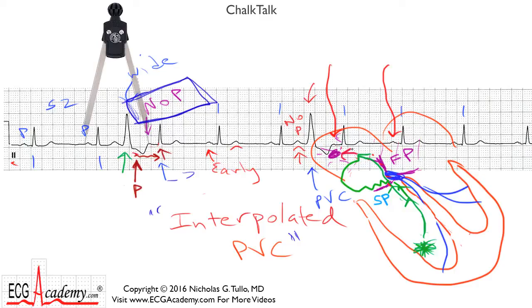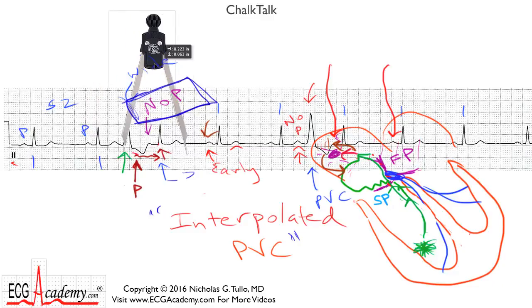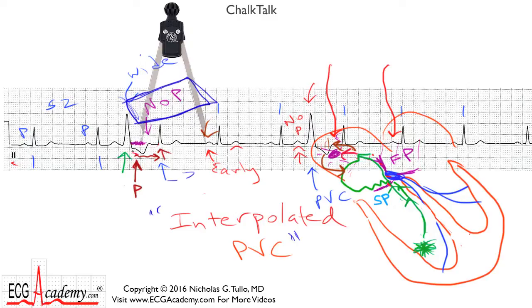But the P wave then has to get into the sinus node, reset it, and then that impulse has to come out of the sinus node to give rise to the next P wave. And if you move your calipers to the next P wave, you can imagine that somewhere in here is where that P wave occurred, because by the time it gets into the sinus node, resets the sinus node, and then it takes this long for the next sinus P wave to occur.